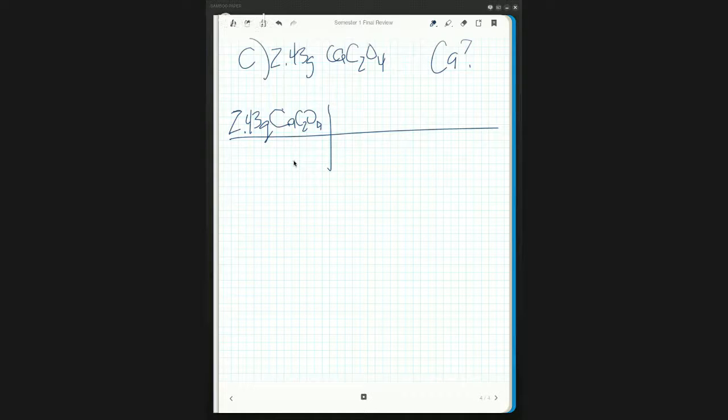We do it in Gen Chem. I guess that's why I call it simple. So first we need the mass of the calcium oxalate. So we have 1 calcium at 40.08 plus 2 carbons, 12.01 times 2, plus 4 oxygen, 16 times 4. And I ended up with a mass of the calcium oxalate of 128.10 grams per mole.